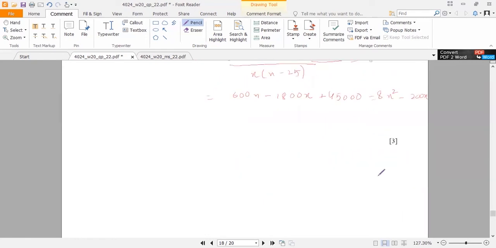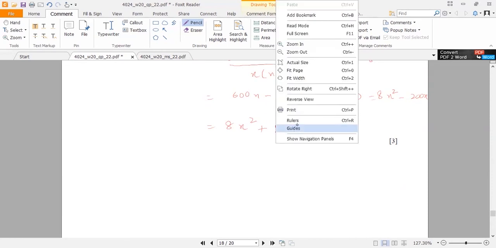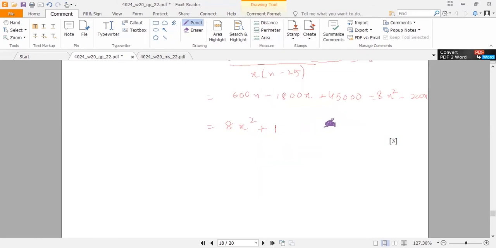Then 8x squared plus 600x minus 1800x and minus 200x, which will become positive, so the remaining will be plus 1000x, and plus 45,000 equals 0.